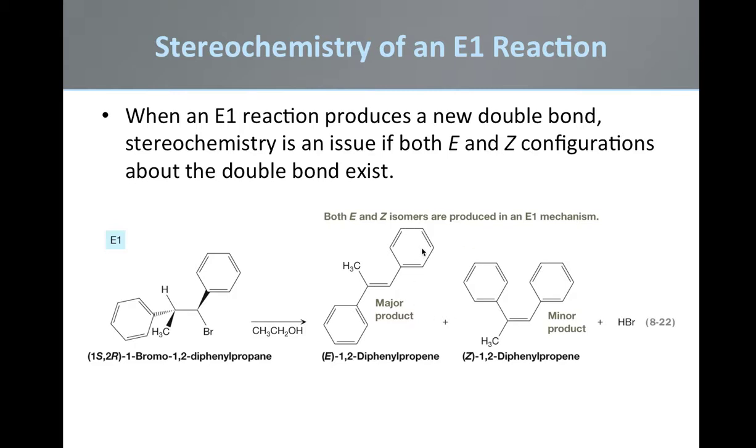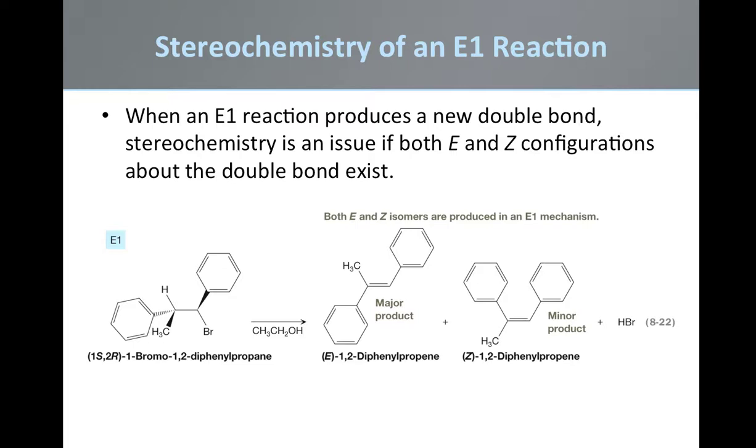The two R groups, and this is extreme because they're both big bulky phenyl groups, are oriented opposite. There's less steric bulk relative to the Z alkene, in which there's significant steric bulk. In an E1 elimination, you will realize both of these products.